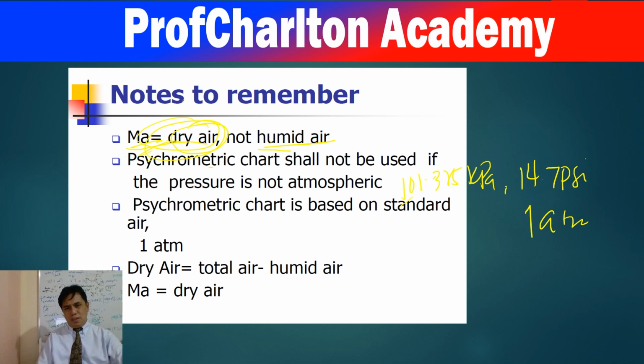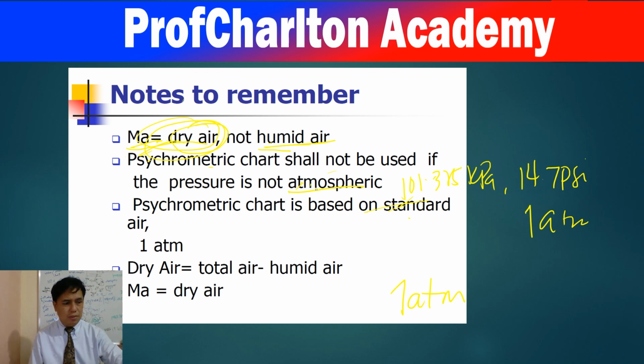So the psychrometric chart is based on the atmospheric condition, on standard air, meaning 1 atmosphere.